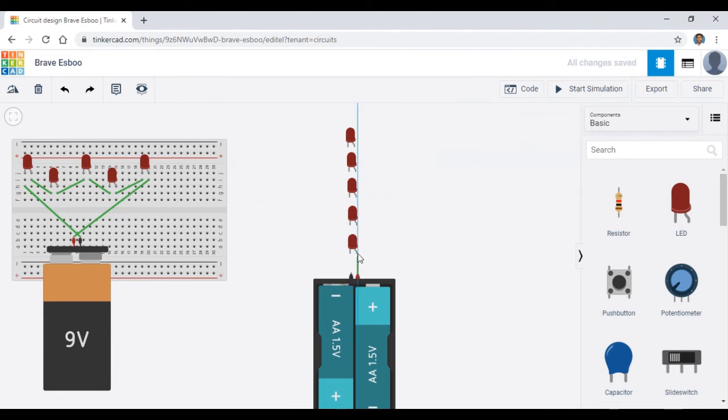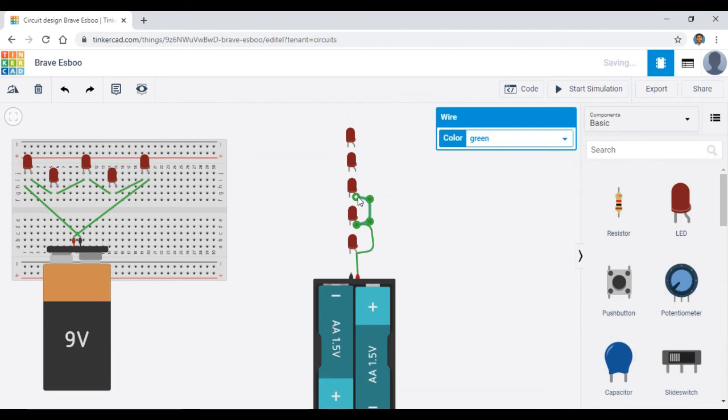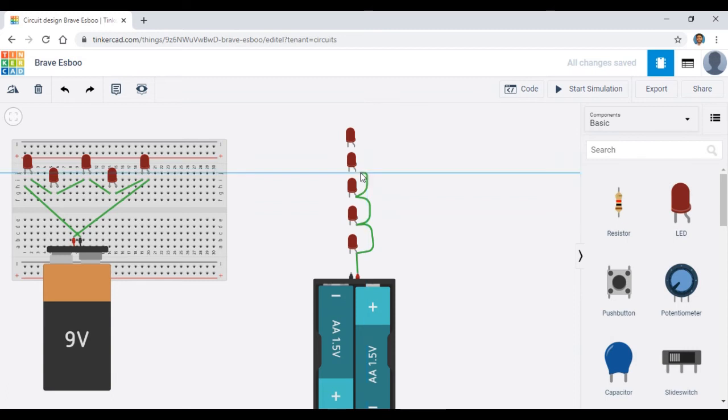So from here to here I am going to connect. From here to here, from here to this anode, and from this anode to this anode.